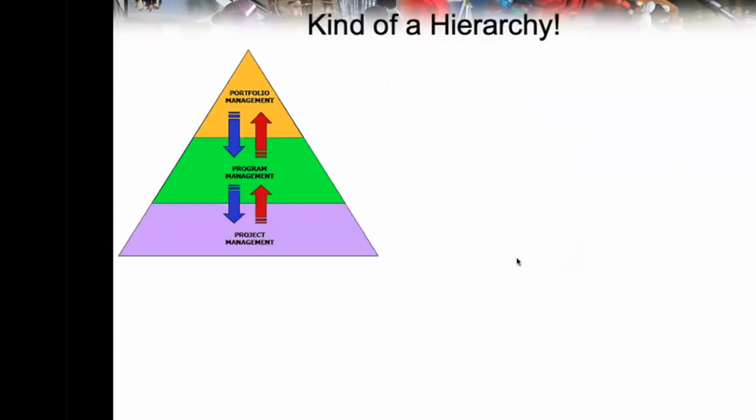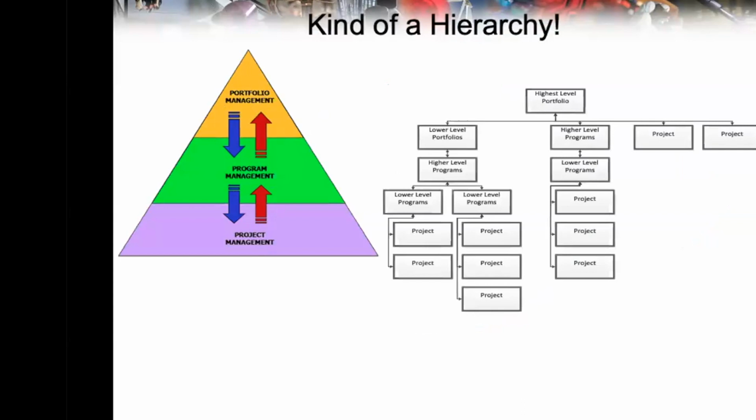Hierarchy, you know the hierarchy. Project management, program management, portfolio management is very important. The lowest level is project management. It's not about being superior to others, but you report to them, right? Because program managers have more projects and portfolio managers have even more programs, right? But I also showed you this. Sometimes you will have a project that has no program, which is directly reporting to the portfolio.